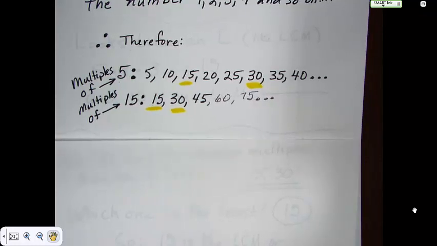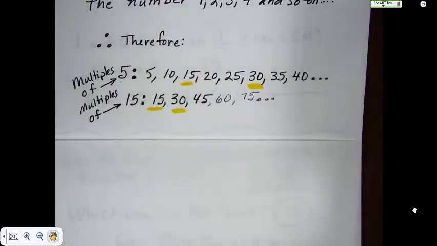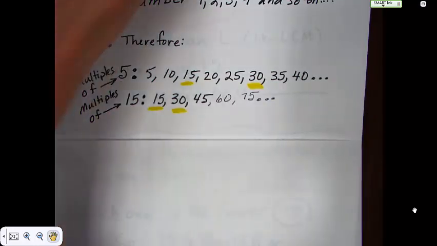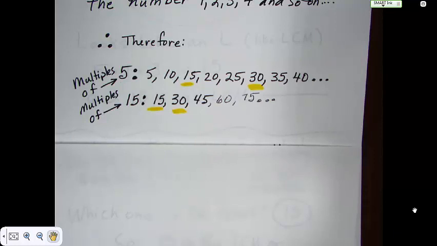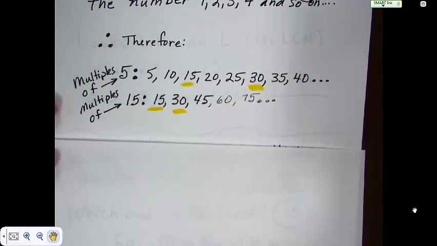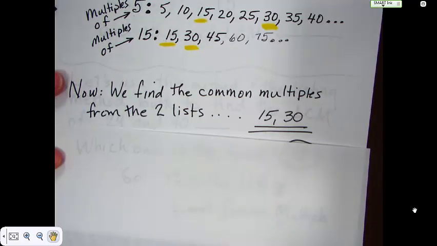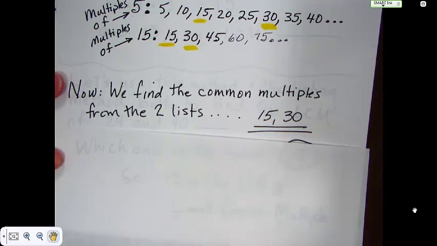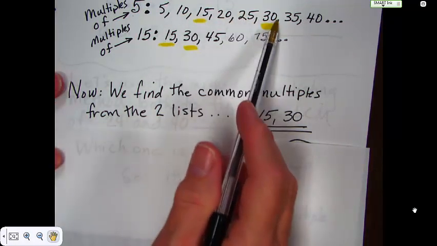Now, sometimes you will be asked to write the multiples of two numbers and then look for the least common multiple. That would be the first multiple that shows up that's the same between the two numbers. So we're going to look and find the common multiples in what we've listed, and we don't have to go very far to find two common multiples.